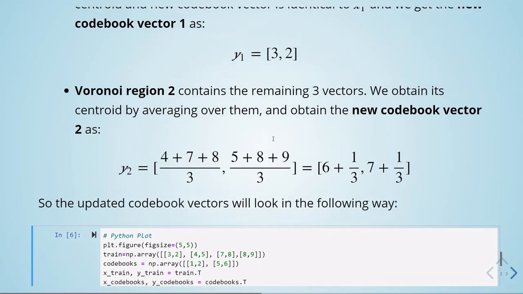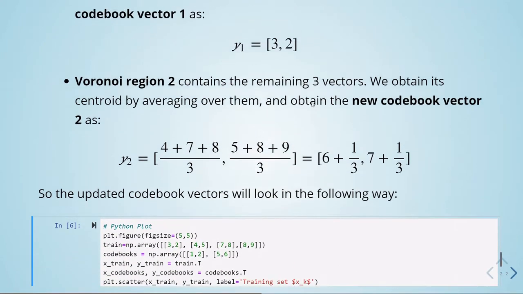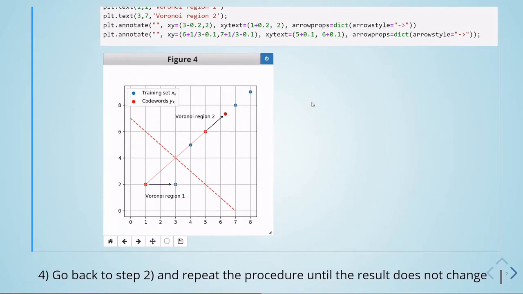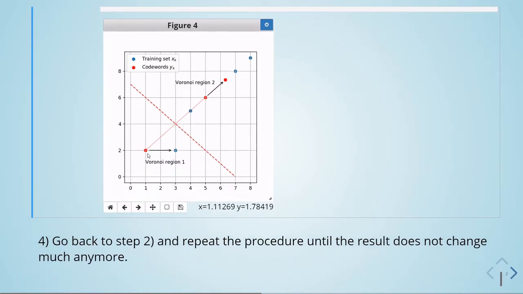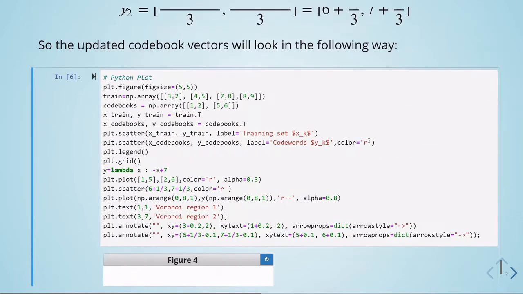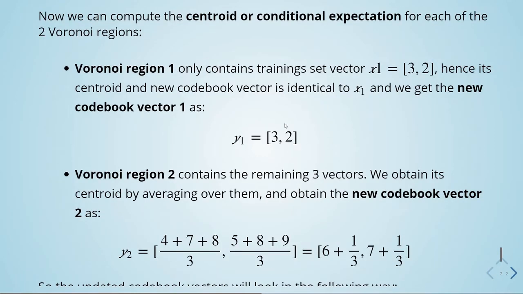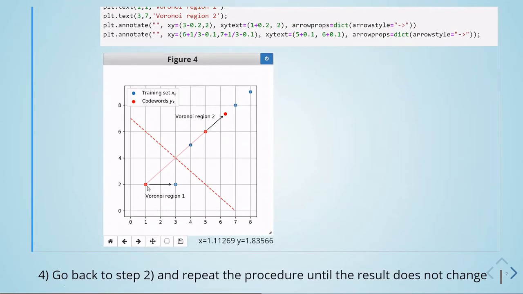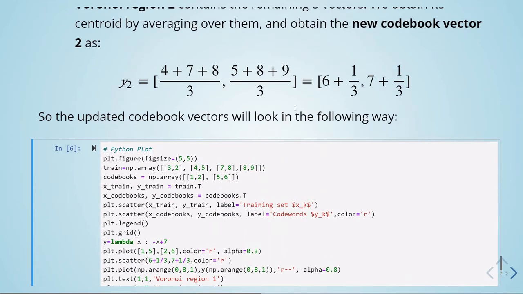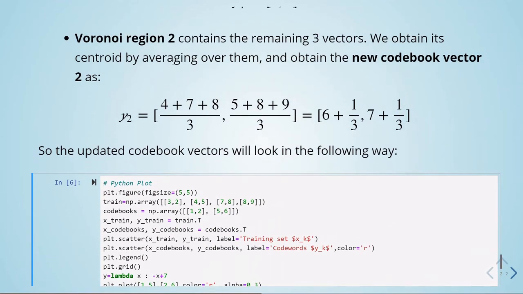If we update our plot, we see now that the new codebook vector moves. In Voronoi region 1, as we calculated, the new codebook vector becomes x1, so it moves to here. For Voronoi region 2, it goes down: the value is 6 plus a third and 7 plus a third.